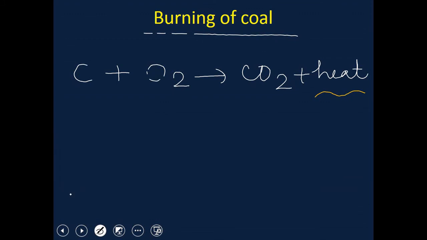So we can conclude that during the combustion of a fuel, either heat or light is produced. So what is the common thing in all these types of combustion? Burning produces heat and light.